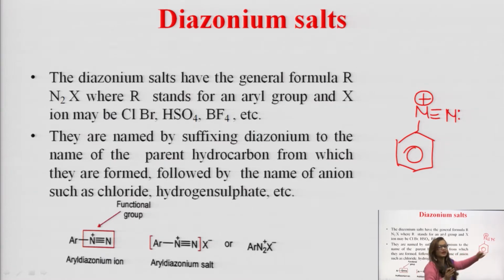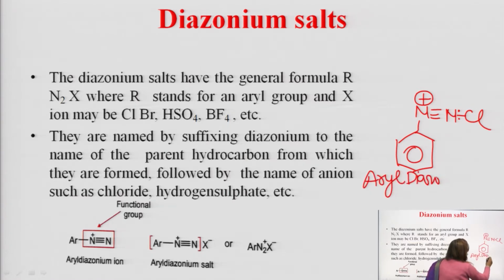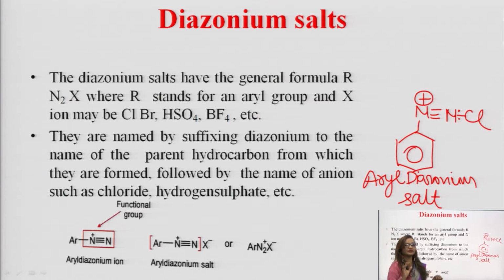And if any anion comes and attaches to it, then it is aryl diazonium salt. Why is it a salt? Because it has one anion. Got it or not?